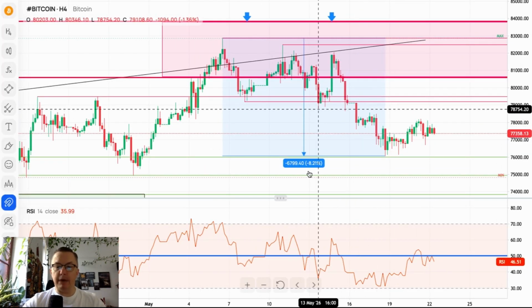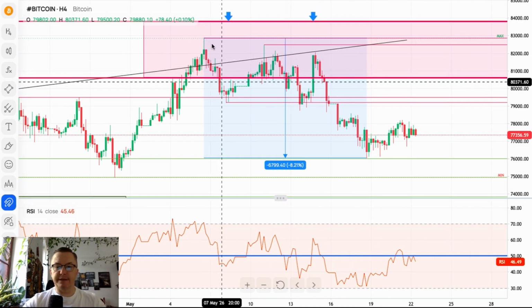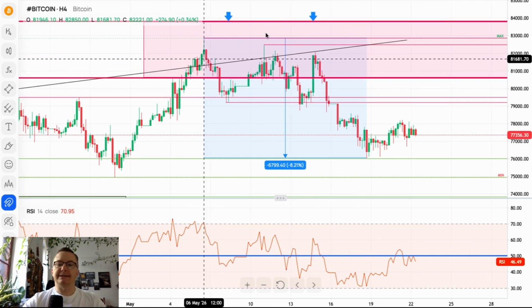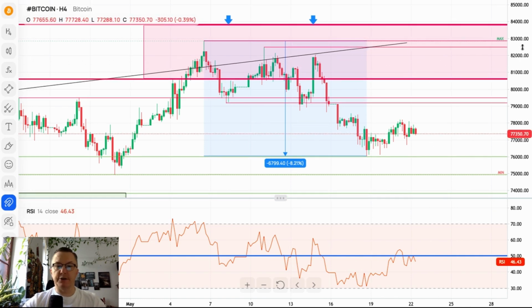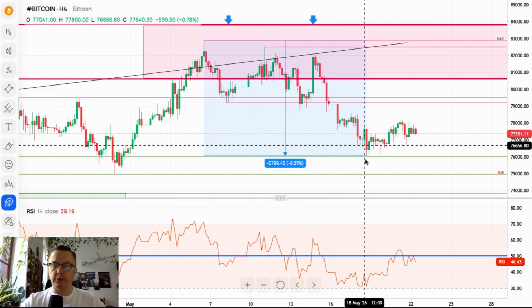We went minus 8.21% from the swing highs in May 2026. As I said, this situation here is very, very interesting because we hit the supply zone and we got rejected lower.